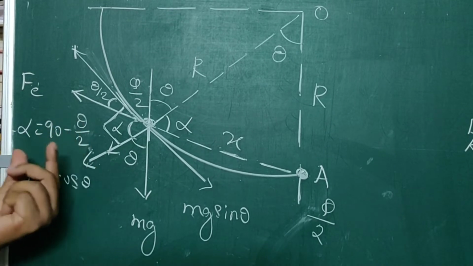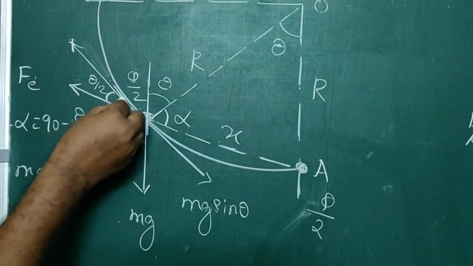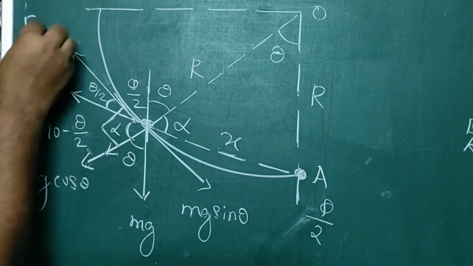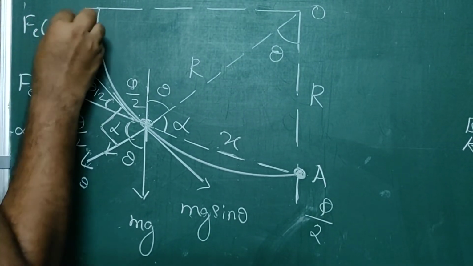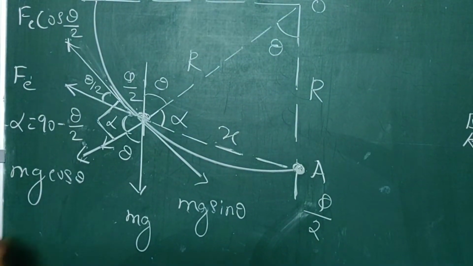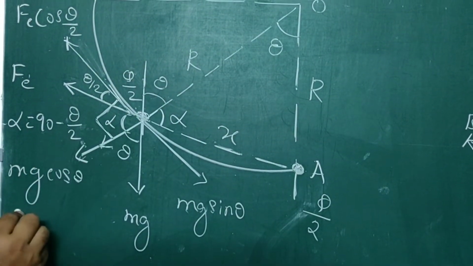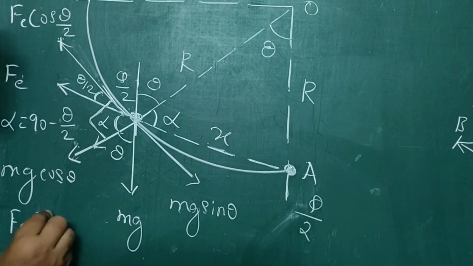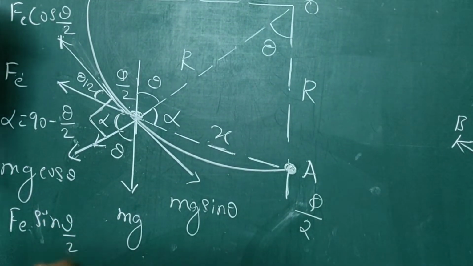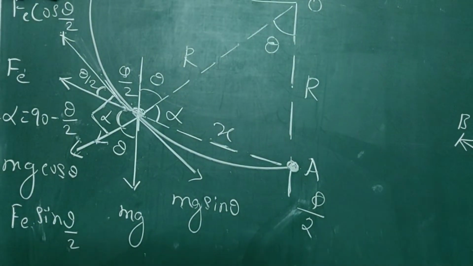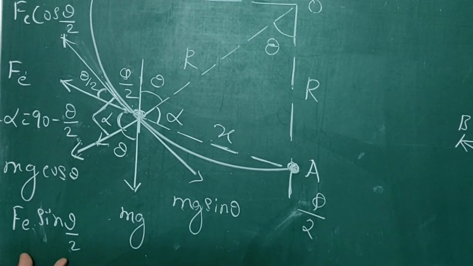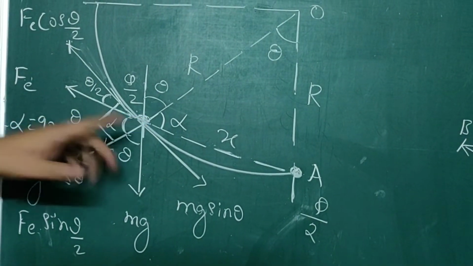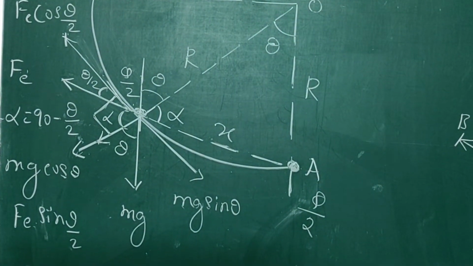Here we'll get Fe cos theta by 2, and in this direction I'll get Fe sin theta by 2. Therefore Fe cos theta by 2 and Fe sin theta by 2 are the two components of the electrostatic force acting on the ball B. This is the situation.